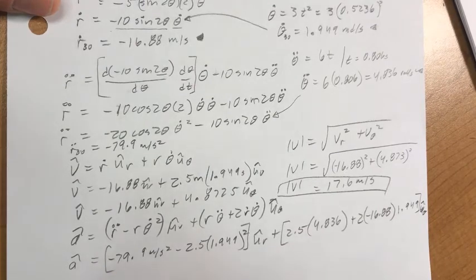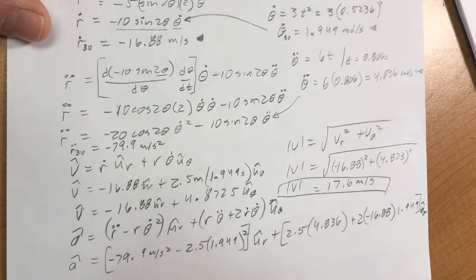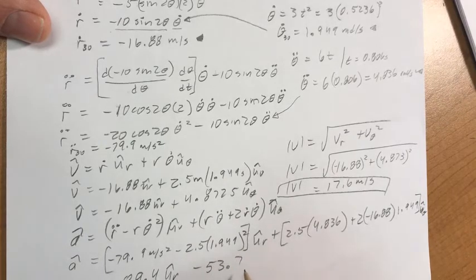So my acceleration, I can punch these numbers out here, find out that this is negative 89.4 u_r, radial direction, minus 53.7 in the theta direction. Wow.